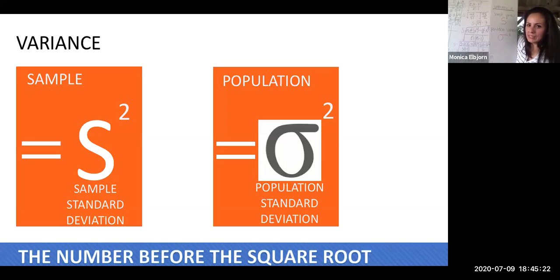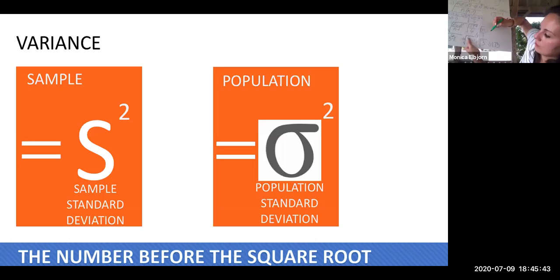So what will be the variance for our first set? 49, very good. So it's the number inside your square root. So what will be here is the number inside, before you take the square root, that's your variance.